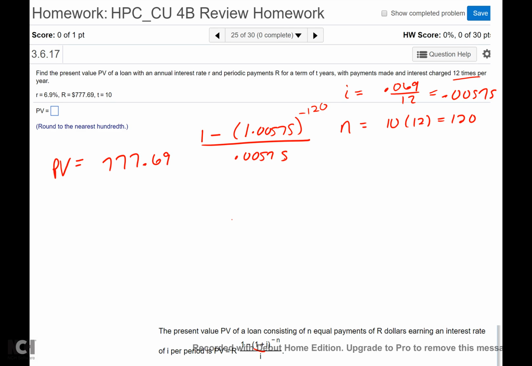Okay, then I'm going to do 1 minus that answer divided by 0.00575, enter, times the 777.69, and your present value is 67,277.86.